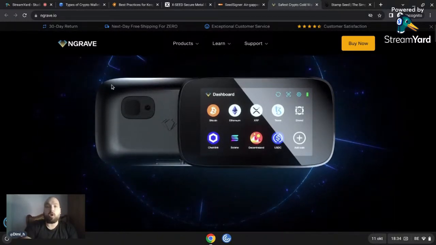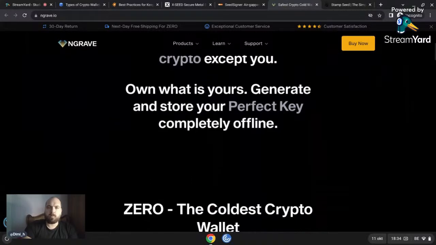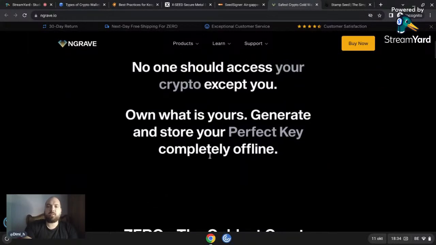They've got a hardware wallet, which is the one you're seeing here, a multi-coin wallet even. Generate and store your private key completely offline. They made it so that you can generate your seed phrase, your key, in an offline manner, meaning that they made sure the key is being generated without their knowledge, completely offline.